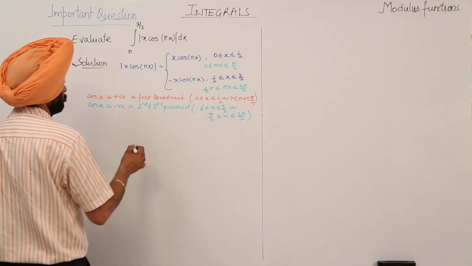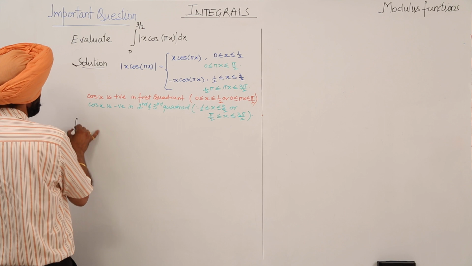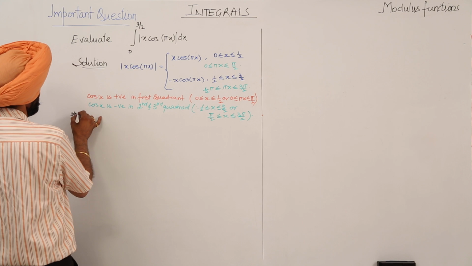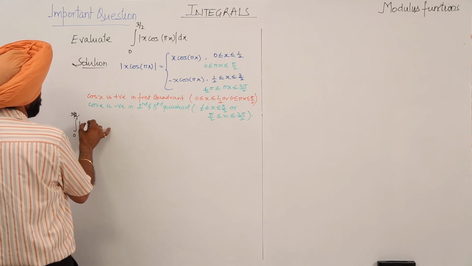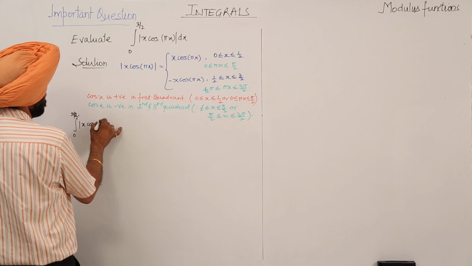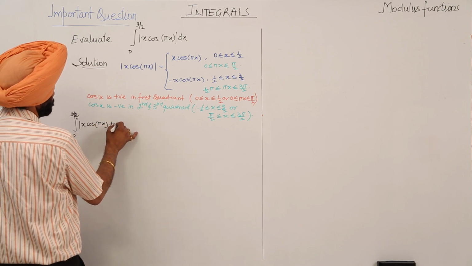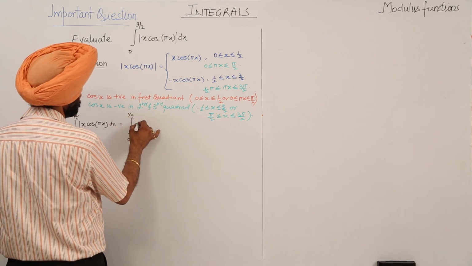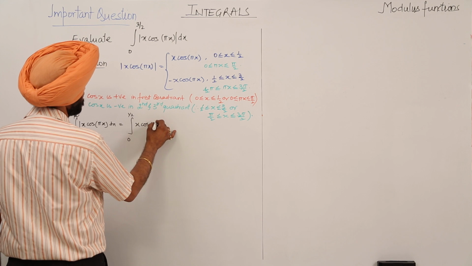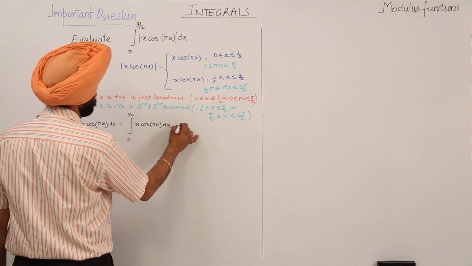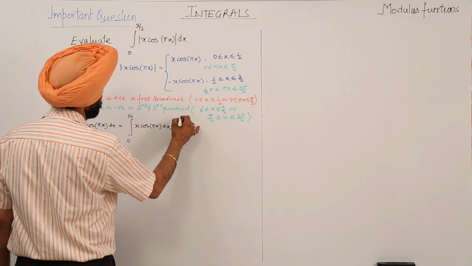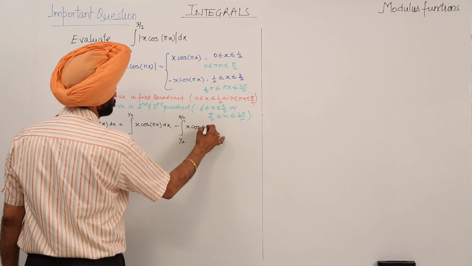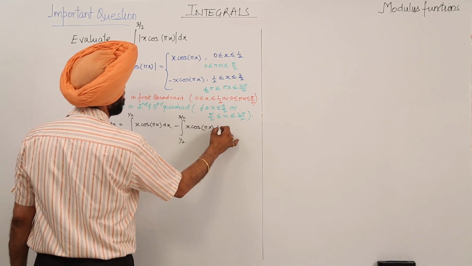Now our question becomes the integral from 0 to 3/2 of x cos pi x dx, which is equal to the integral from 0 to 1/2 of x cos pi x dx minus the integral from 1/2 to 3/2 of x cos pi x dx.